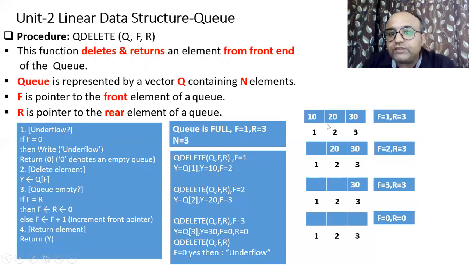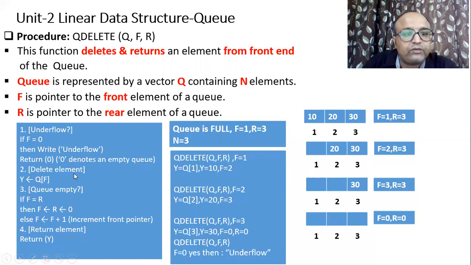This is our initial case. Right now the current value of f equal to 1. It means this condition becomes false. It indicates there is no underflow. So at this stage, with f equal to 1, there is no underflow. Then what will you do?